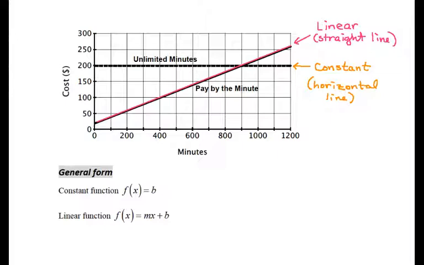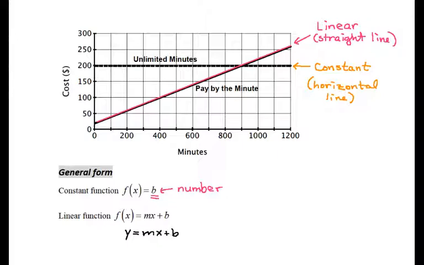For general forms on both of these, a constant function, f of x equals b, just a number, no x in the formula at all because the output doesn't depend on the input x. Whereas a linear function could be written in the form f of x equals mx plus b. That is similar to the slope-intercept form of a line, which you might be familiar with, y equals mx plus b.